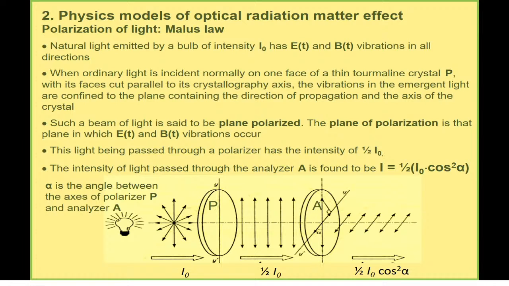This energy is carried by those fields, and we talk about the oscillations of the vectors of electric and magnetic fields. And when we talk about the optical radiation matter effect, we should make our choice between these two vectors.